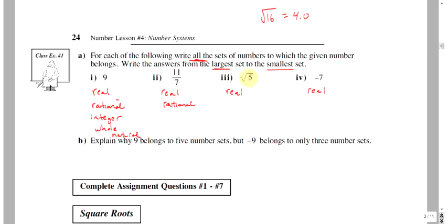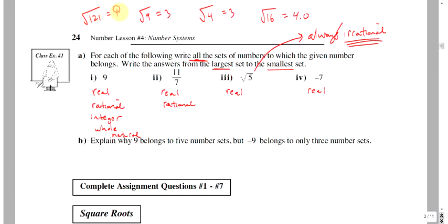If it's not a perfect square, it is always irrational. That was in yesterday's lesson. I think I highlighted it. Maybe I didn't point it out carefully enough. Always irrational, okay? If it is a perfect square, like 9, like 4, like, I don't know, 121, it's rational. If it's not a perfect square, it's always irrational.